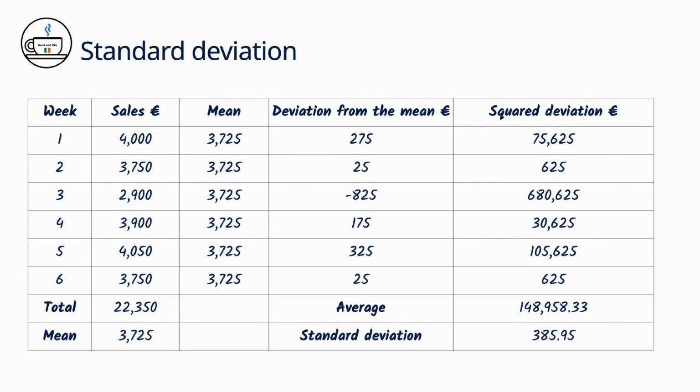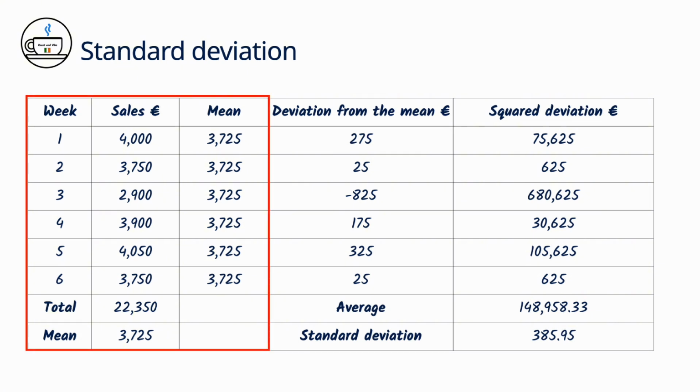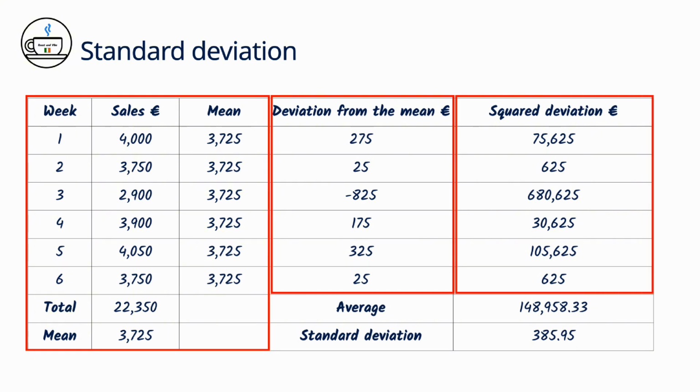The calculation of standard deviation begins with the mean of the dataset. In this case, the total sales over 6 weeks divided by the number of weeks. Each individual data point is measured against that mean by calculating its deviation. Whether a week's sales are above or below the average, the deviation quantifies how different it is. These differences are then squared so that they all contribute positively to variability, avoiding cancellation between high and low points.